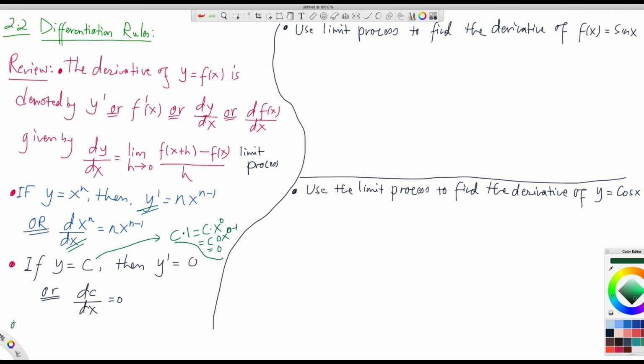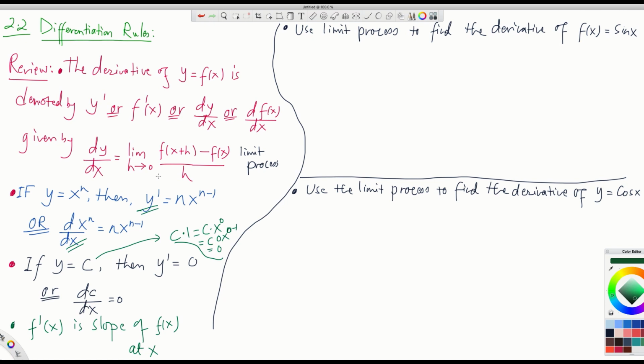And the final thing that we discussed last time is that f prime of x is basically the slope of f(x) at x. The derivative of a function gives you the slope of the function at a point x. This is called the limit definition, but we don't use the limit definition when we find the derivative because it is too long.